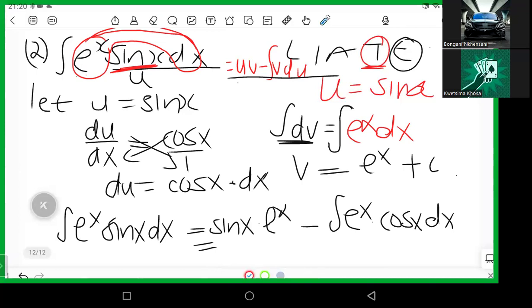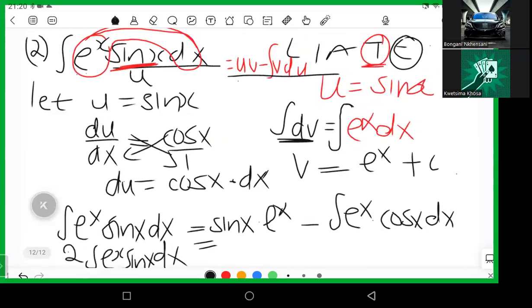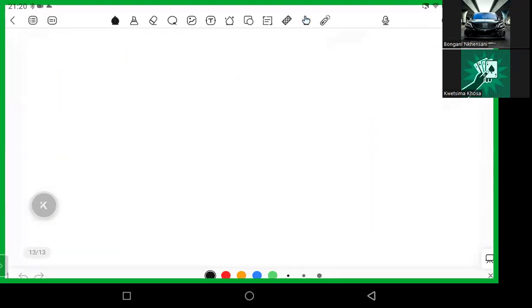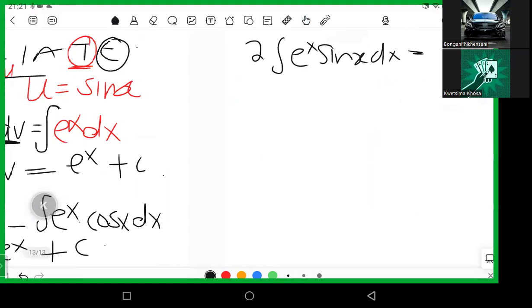So if you check this one and this one, they are the same, right? So we can take this one to the left. So that's what we're going to do. If we take it to the left, we're going to have 2 times the integral of e^x sine x dx, and this will be equal to sine of x times e^x plus c.